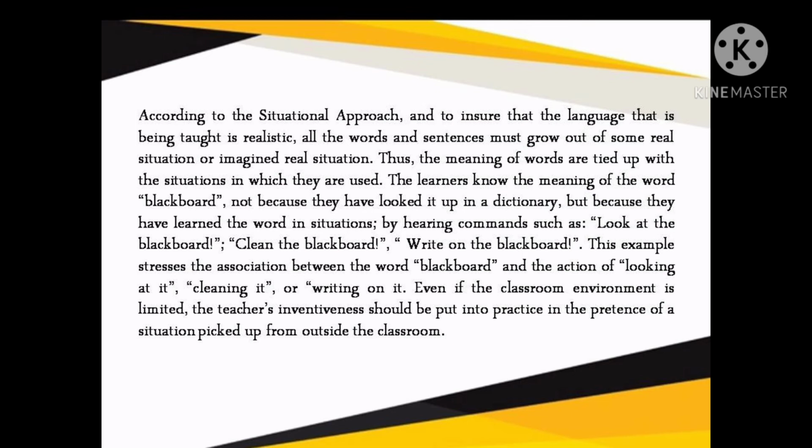This example stresses the association between the word blackboard and the action of looking at it, cleaning it, or writing on it. Even if the classroom environment is limited, the teacher's inventiveness should be put into practice in the presence of a situation picked up from outside the classroom.